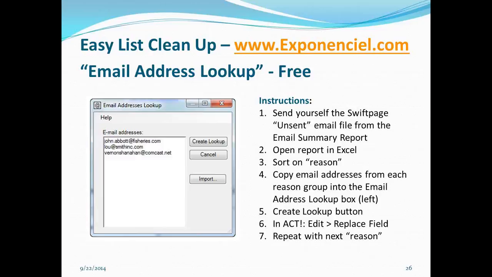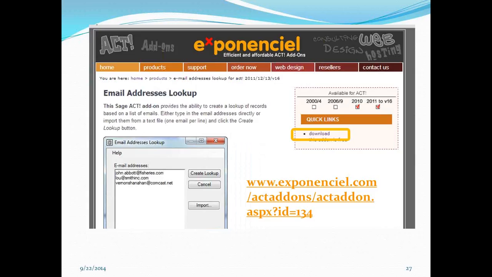The way we do that is there is a free add-on from exponential.com. We have the website here at the top. If you go to this link right here, and this will be included in your resources you receive tomorrow, it will take you to this website, and within this website there's a download button.